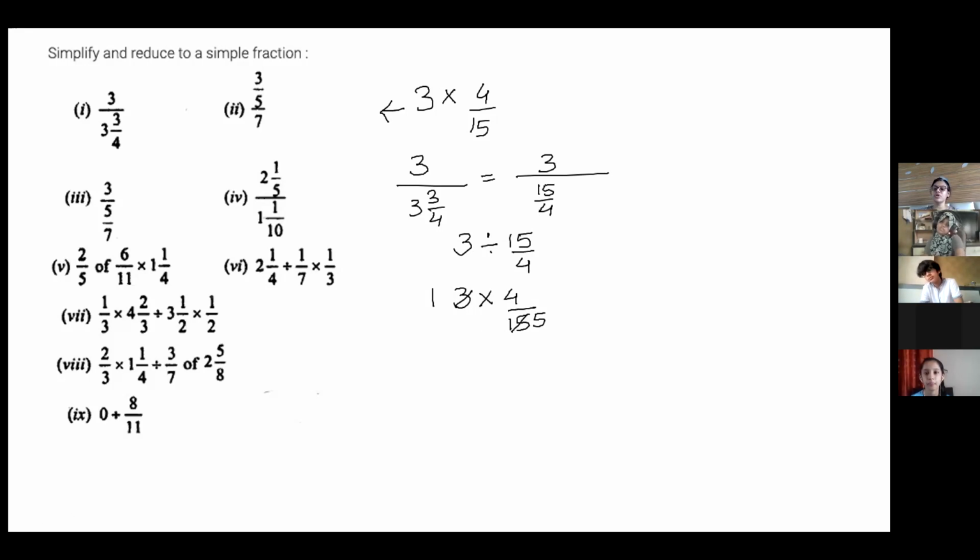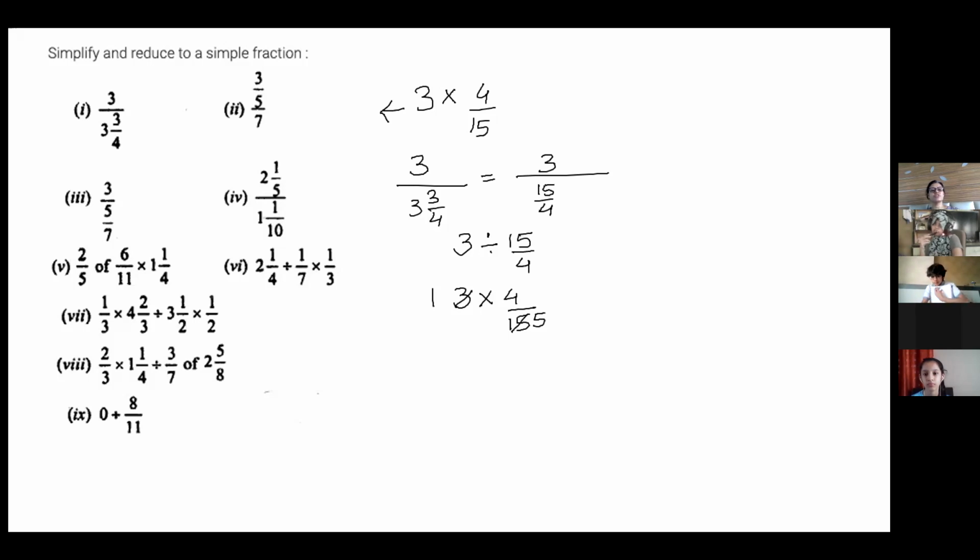It is not that we convert every fraction into decimal and solve it. We are learning so that if fraction calculation is there, you should know how to do it, and if decimal calculation is there, you should know how to do it. Is it clear, Abdullah Patel? Clear, Abdullah? Yes, ma'am.